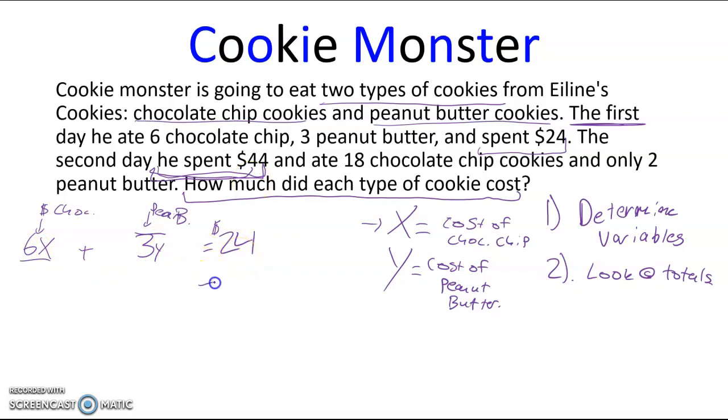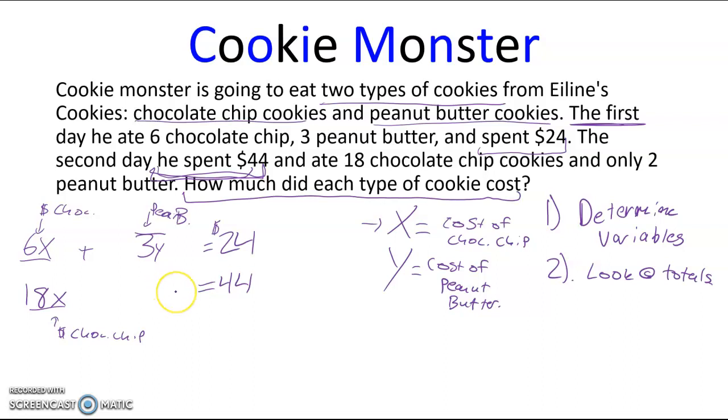Now, if we use that same logic to set up the next equation, he spent $44, and he had 18 chocolate chip cookies, so it's going to be 18 times how much those chocolate chip cookies cost. That's how much he spent on chocolate chip on the second day.